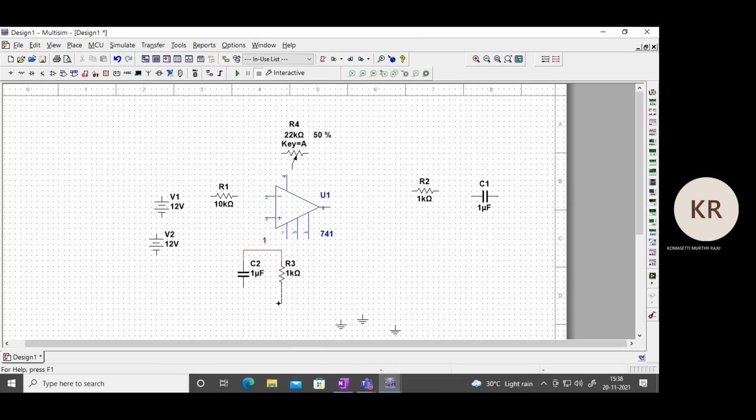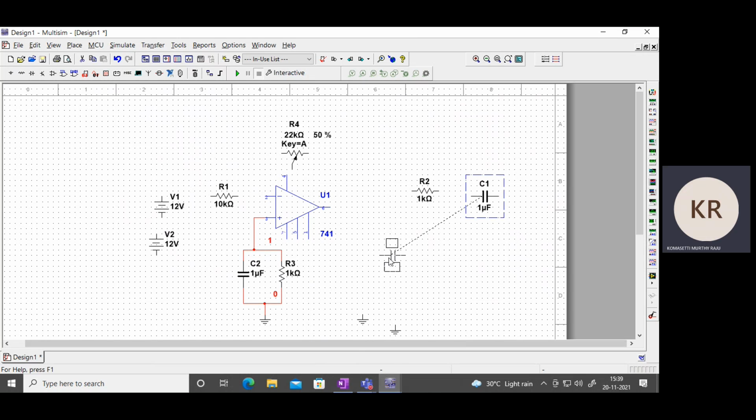And these two are connected in parallel. Okay. The third terminal, the non-inverting terminal, is connected here.